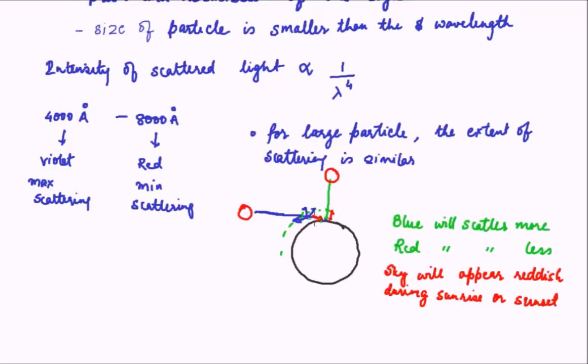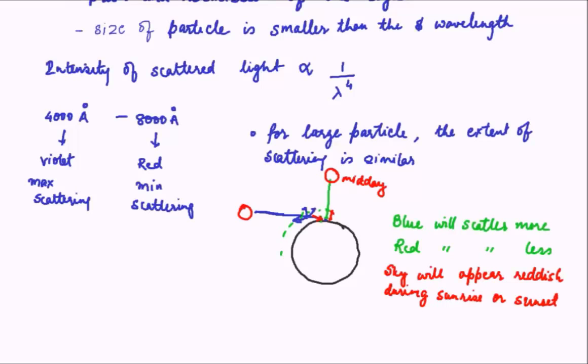Therefore the sky will appear reddish or orangish during sunrise or sunset. So this is one of the practical phenomena where you observe scattering.